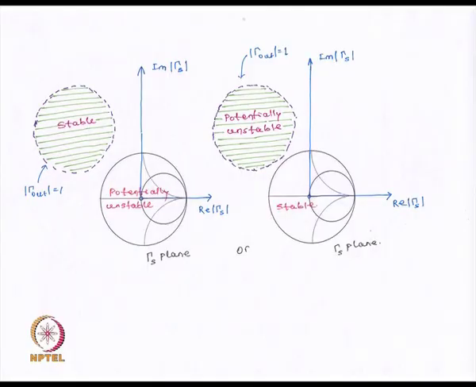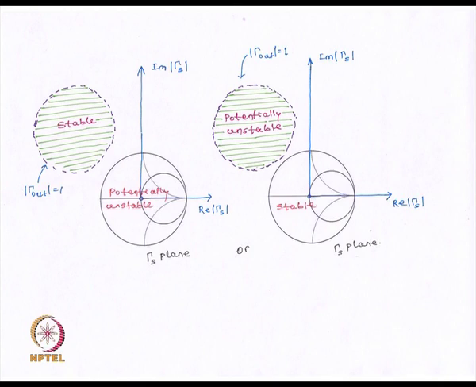Let us see another case of the stability circle and the Smith chart. In this case, this is the input stability circle and we are in the gamma S plane. The input stability circle does not touch the Smith chart with unit radius at all in this case.